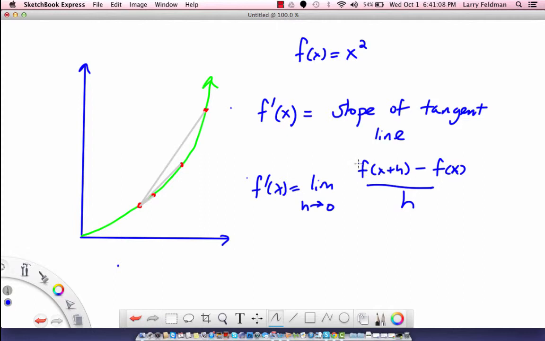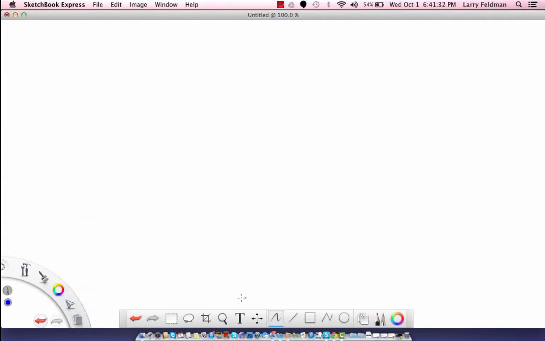So we've already talked about this part. Now I'm introducing the limit as h approaches 0, and that is nothing more than moving this second point closer and closer to the first point. In other words, h is getting smaller and smaller to the point where h is approaching 0. So let me clear this out, and we'll do an example.